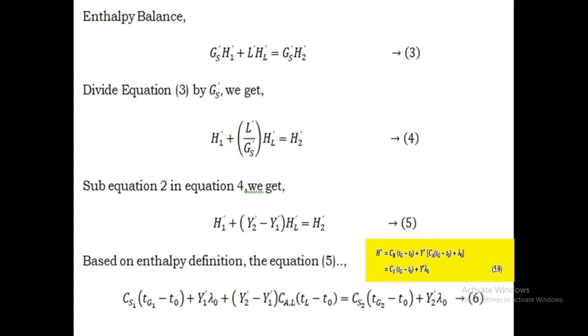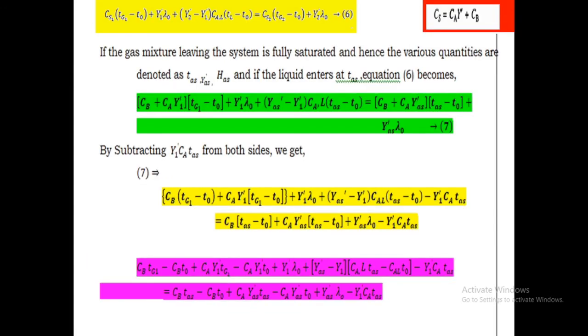So similarly at second condition, CS2 into Tg2 minus T0 plus Y2 dash into lambda naught. So this is the sixth expression. If the gas mixture leaving the system is fully saturated, and hence the various quantities are denoted as TAS, YAS dash, HAS.